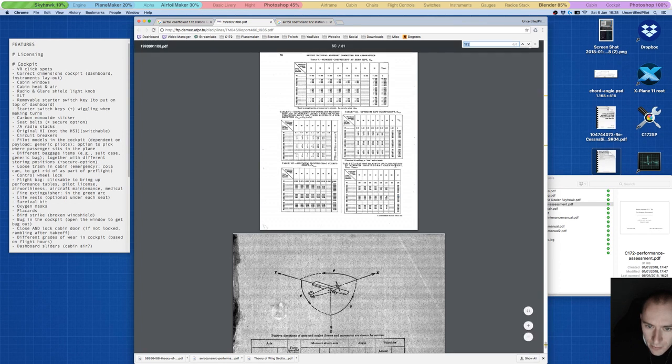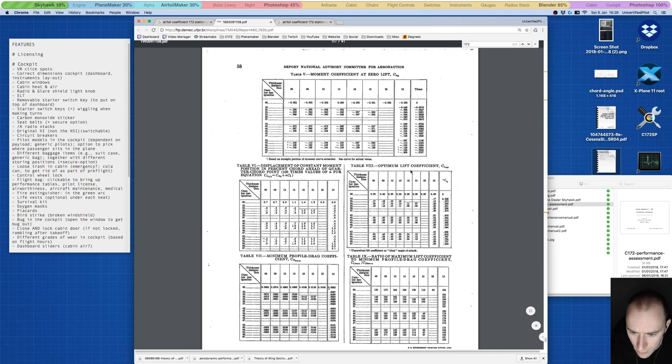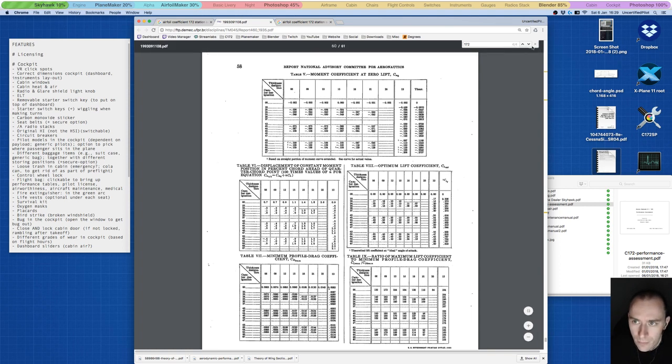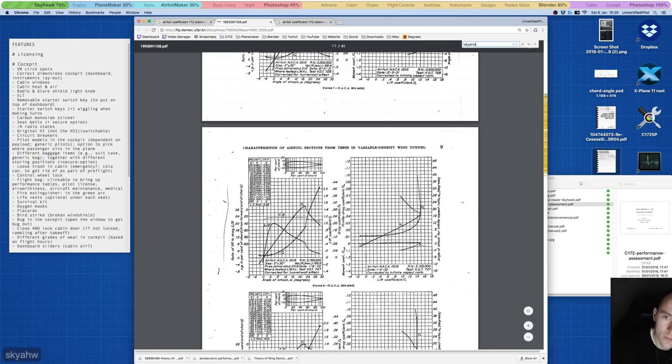Ratio of maximum lift component to minimum profile drag coefficient. It does look good though, but these are just random numbers. Skyhawk.